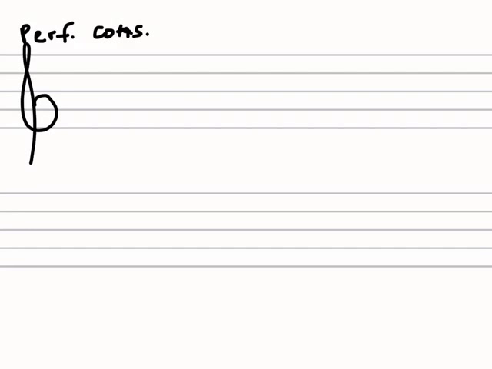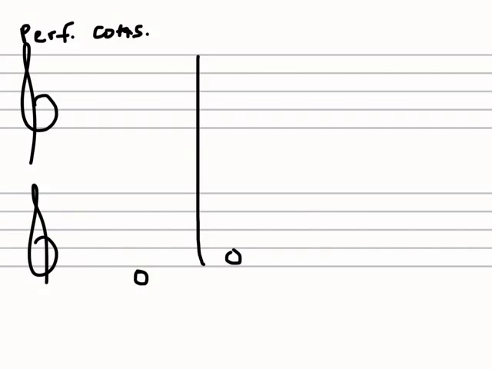So for example, if I have a D and an F. Here's a sixth. Here's a fifth. This fifth is on the upbeat. And we're going to that fifth while the D is sustaining. So we consider that oblique motion.